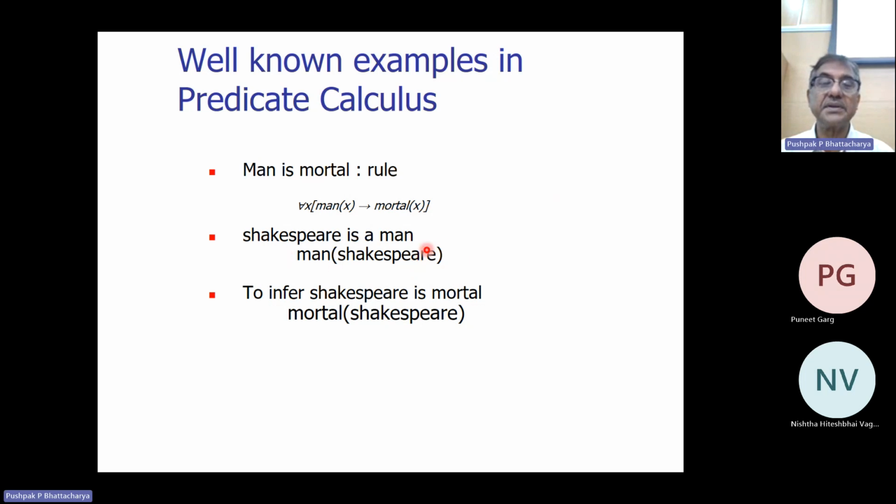These two components in a predicate are called predicate and argument. So this is a single place predicate. It has only one argument. You can have an n-place predicate where there are n arguments. So man Shakespeare. Shakespeare is mortal: mortal Shakespeare. Mortal is the predicate. Shakespeare is the argument. How do we prove that Shakespeare is mortal?